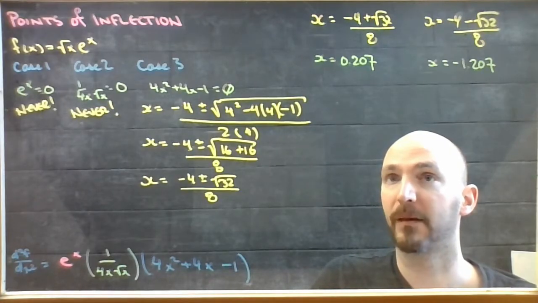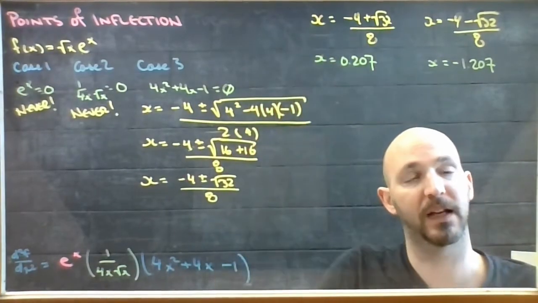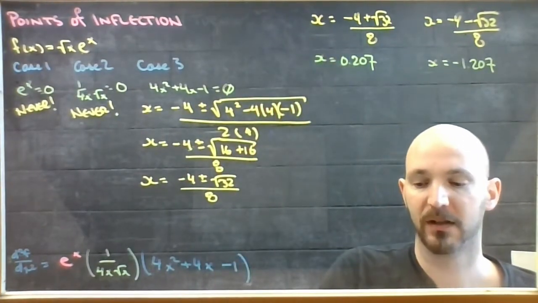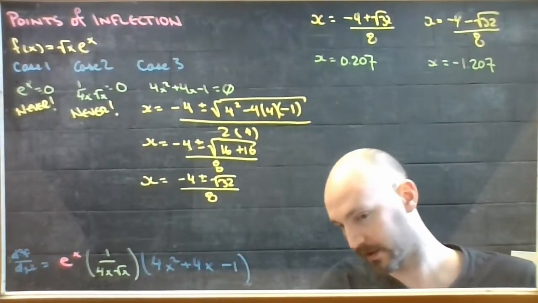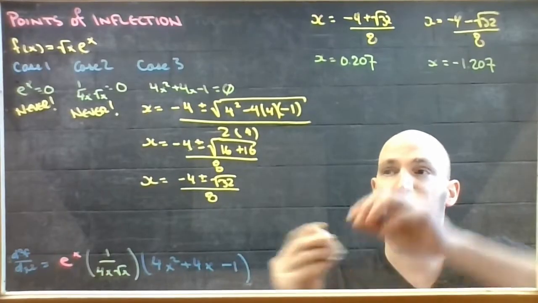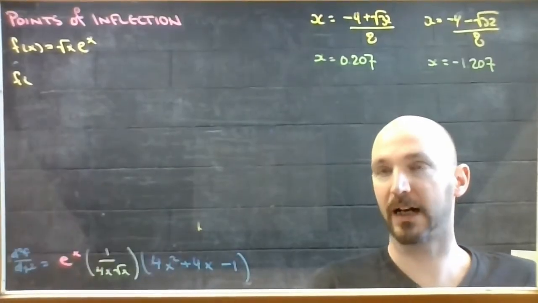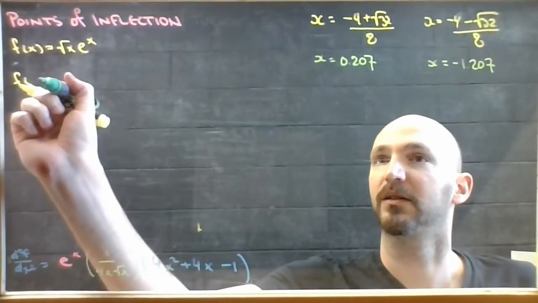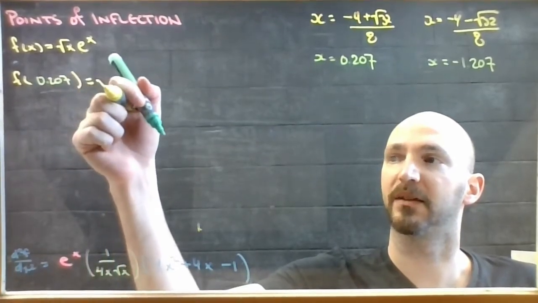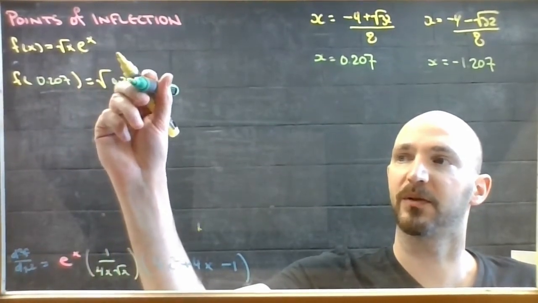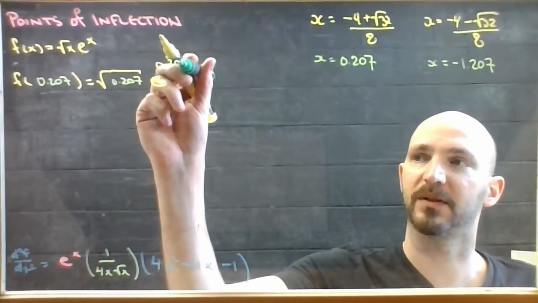Okay, so as with the max mins, I have the horizontal location of them, but I need the vertical. In order to get that, I'm going to have to take each x value and dump it in the function. So I'm going to give that a try once I erase some of this mess. So the function at 0.207 would be the square root of 0.207 multiplied by e to the 0.207.